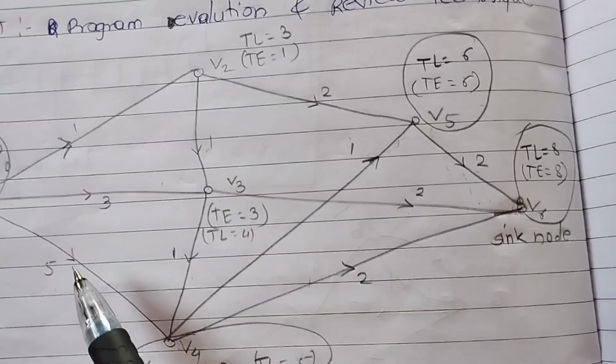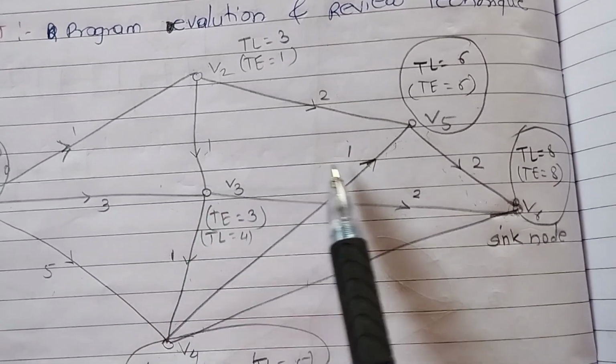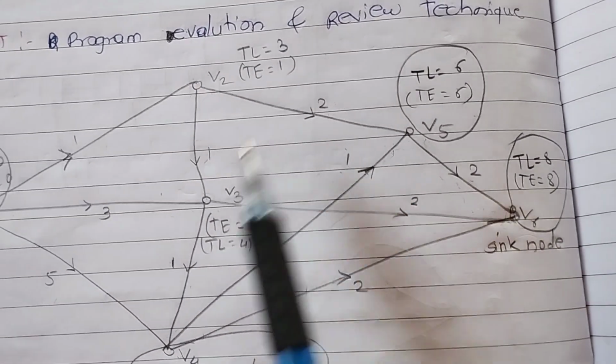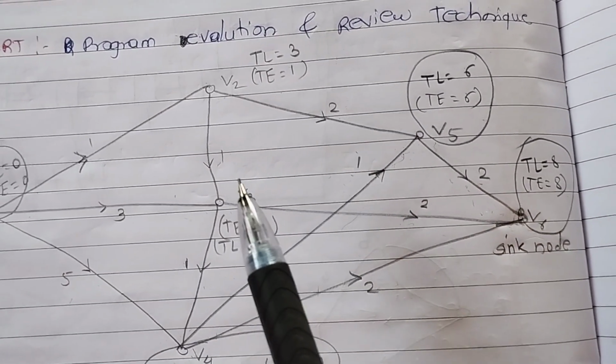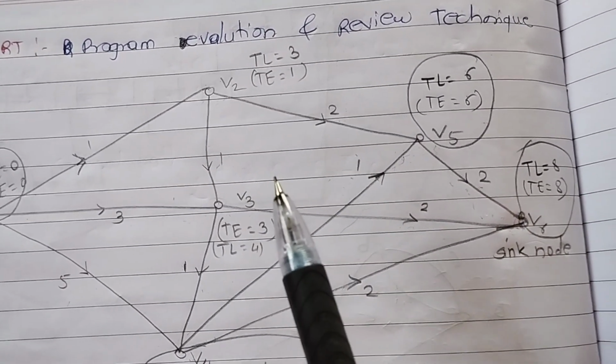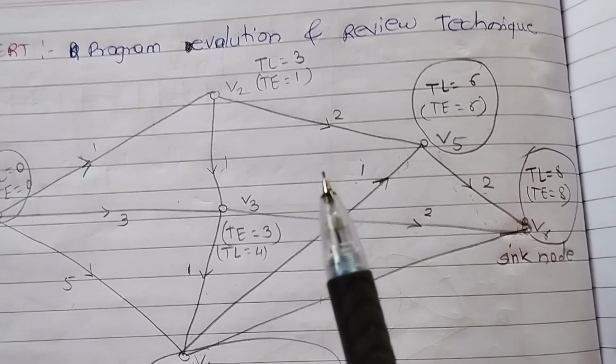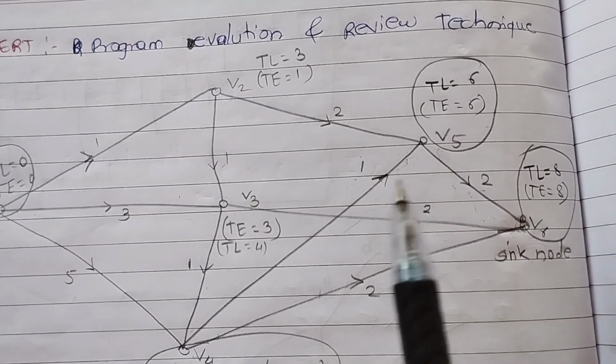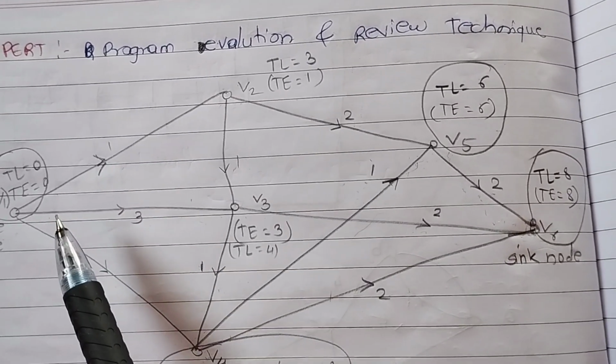The count is 1 plus 1, 5 plus 1 is 6, 6 plus 2 is 8. The maximum count of path is 8. Now subtract from T of V6: 8 minus 8, which is 0.